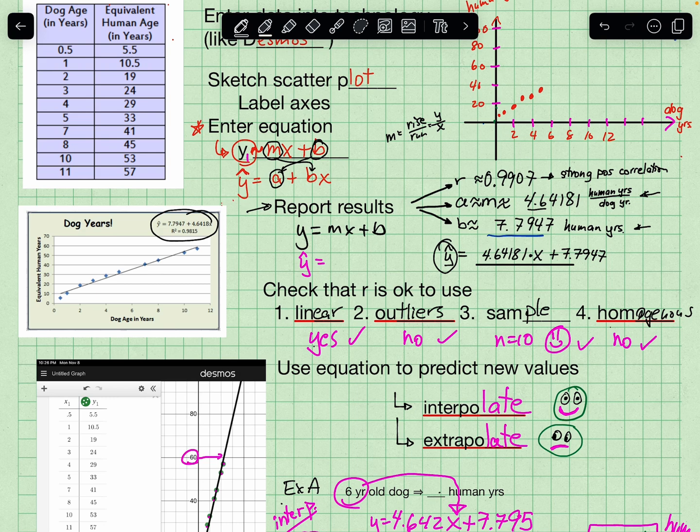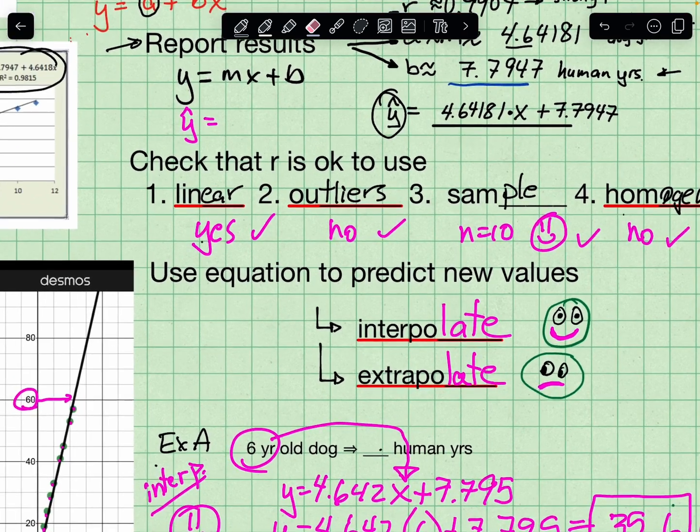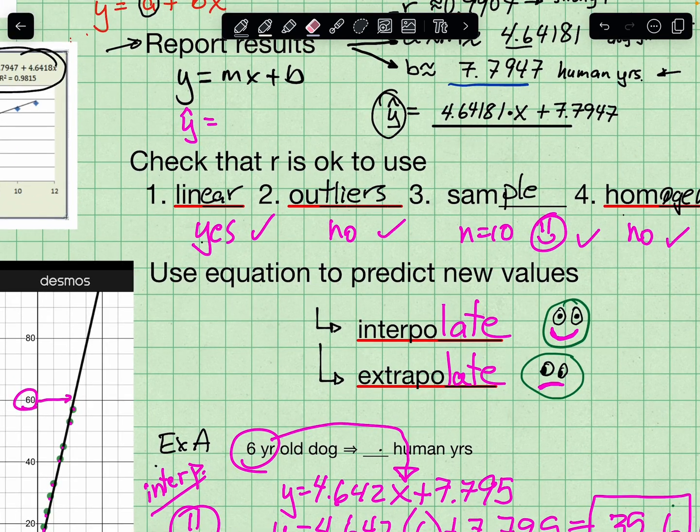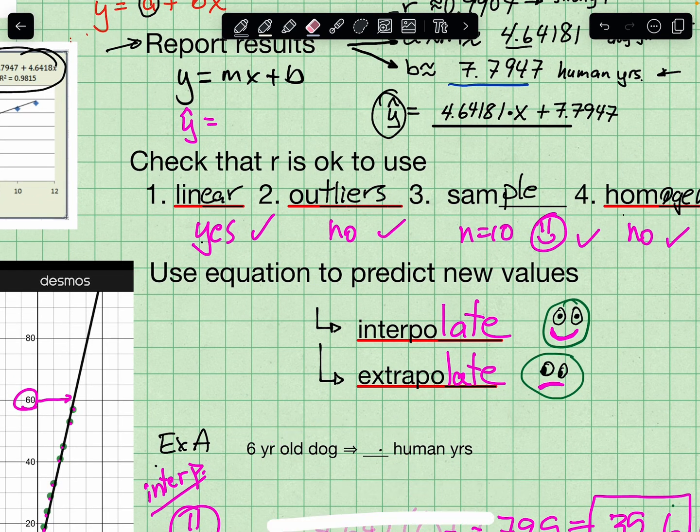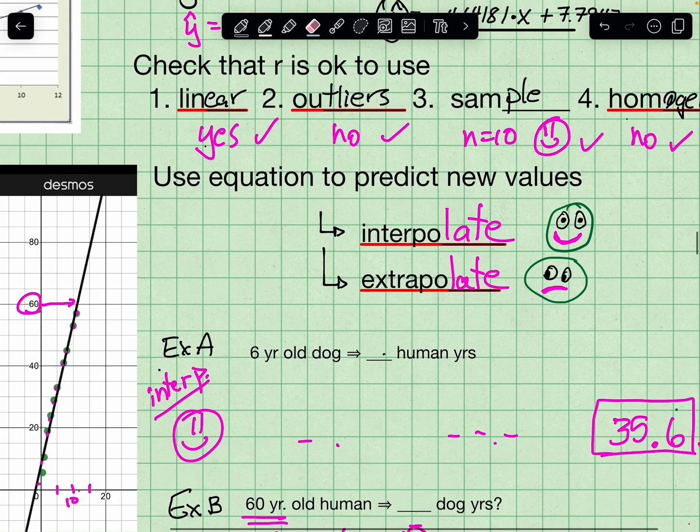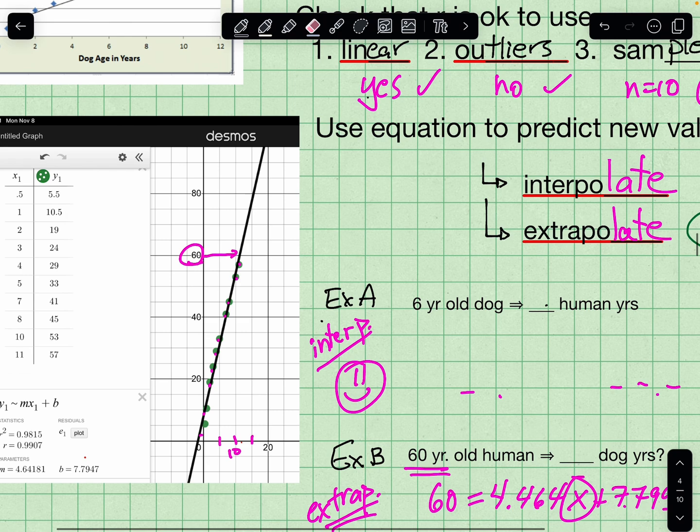so that's very different. All right, finally, you need to learn 2 new words, interpolation and extrapolation. Interpolation, what does that mean? Here's our data set.